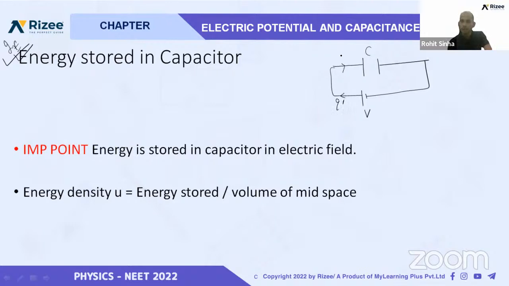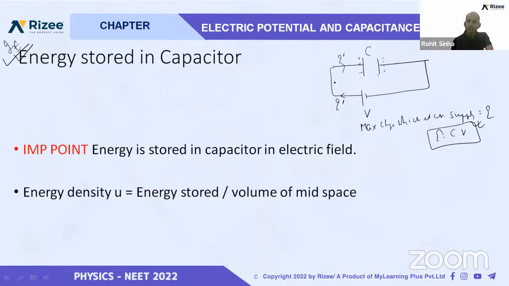Q dash will go here and get accumulated over here. Let us suppose the maximum charge which it can supply is equal to Q here. We know that this Q will be equal to C into V.